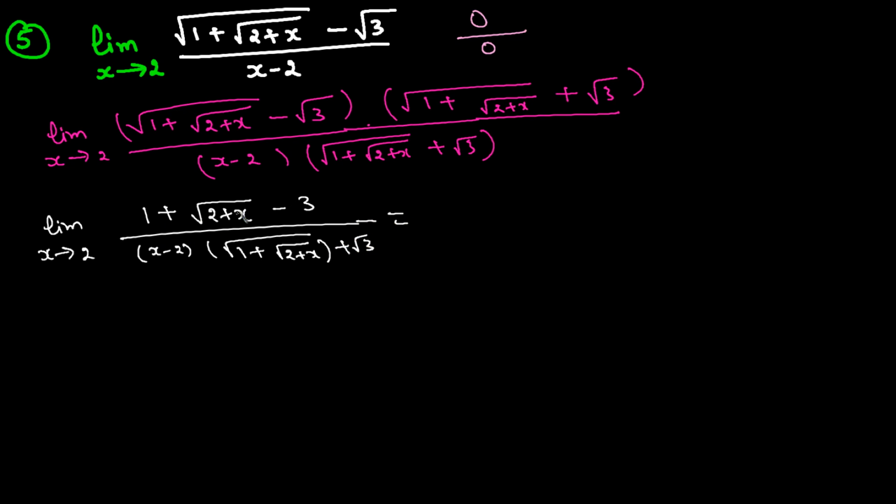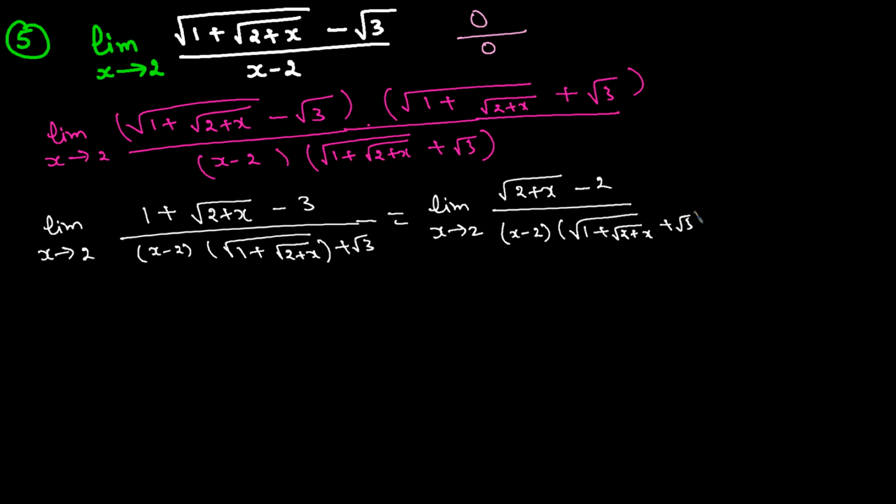And when we simplify this, 1 minus 3 gives me negative 2. So limit as x approaches 2, we got root of 2 plus x minus 2 over x minus 2 into, that's a big term, 1 plus root 2 plus x plus root 3.